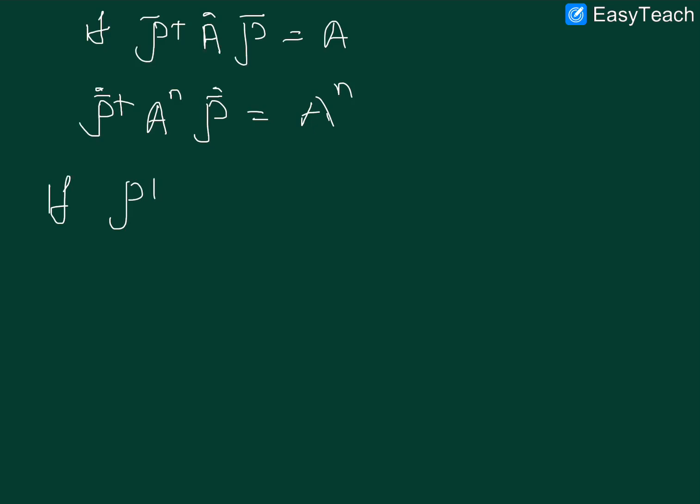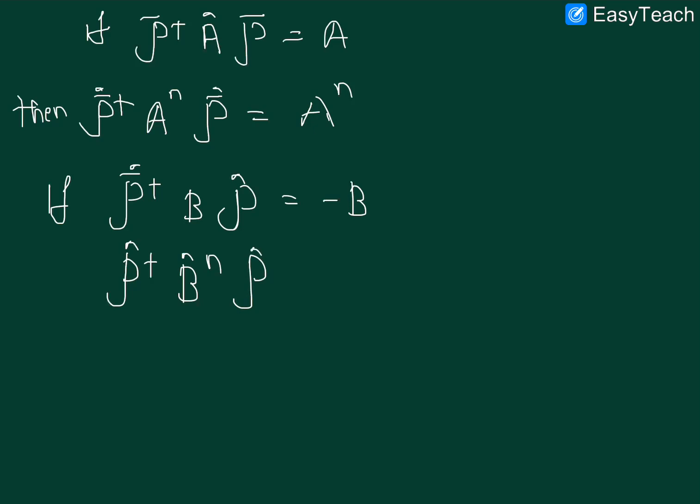If P dagger B P is minus B, then P dagger B to the power n P is minus 1 to the power n B to the power n. These relations are also given in Zettili, and I have worked through them. These are the two relations important to remember for parity.